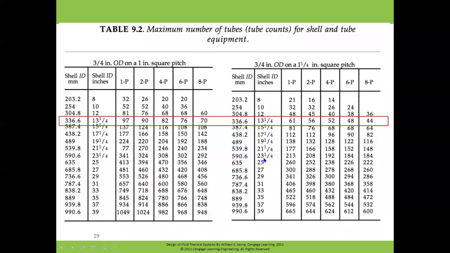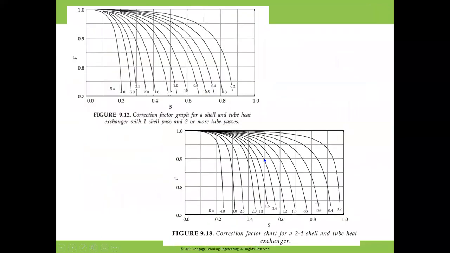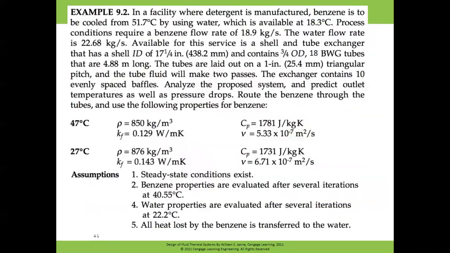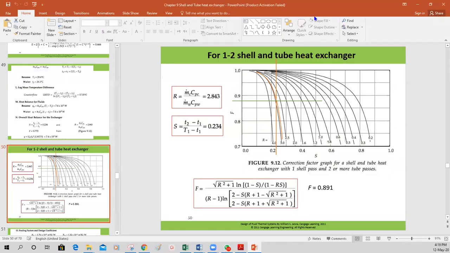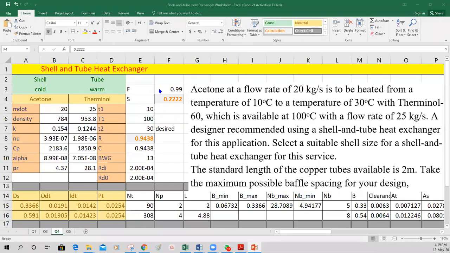So you can see the formula for R and S. R is the capacity ratio, and S, with this formula, we find F. F you can find either from this chart or from this formula. So we find this and then we listed it here. The F value is greater than 0.75. If F is greater than 0.75, that indicates the shell and tube heat exchanger is good for this application. Okay, fine.